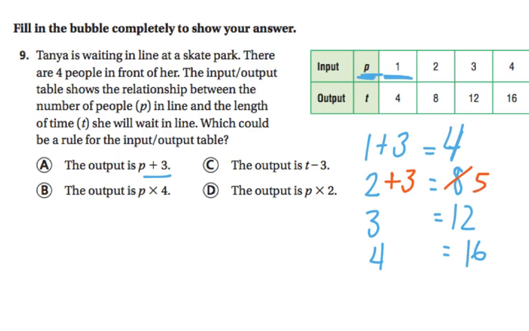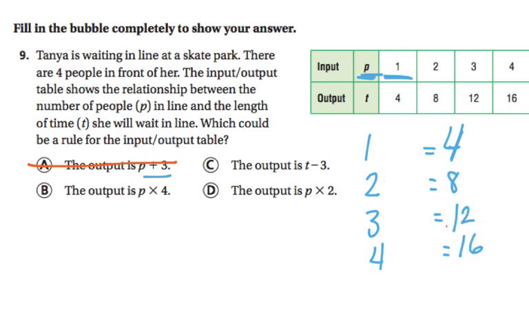And then 3 plus 3 is not 12. That would be a 6. And then 4 plus 3 would not be 16. Ooh. 4 plus 3 would actually be 7. So that tells me that this answer choice is not correct. Because look, it would change several of the numbers I already have written.